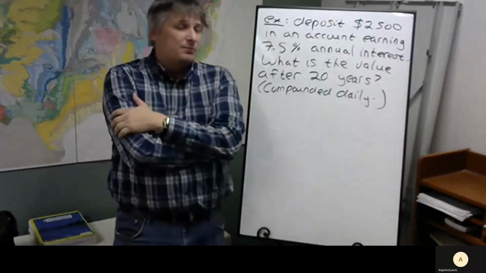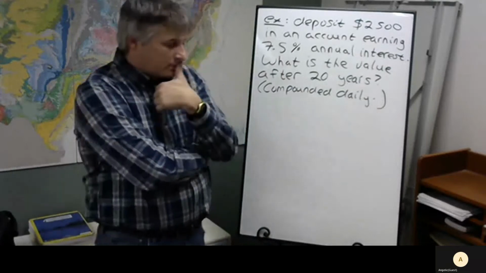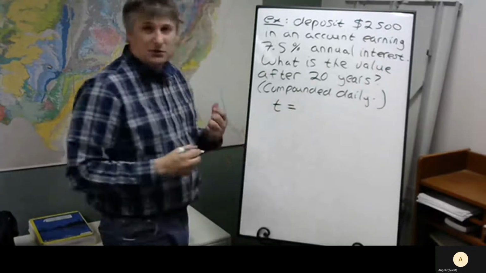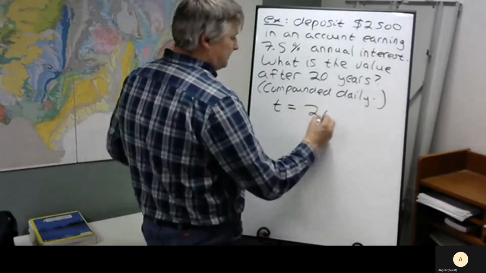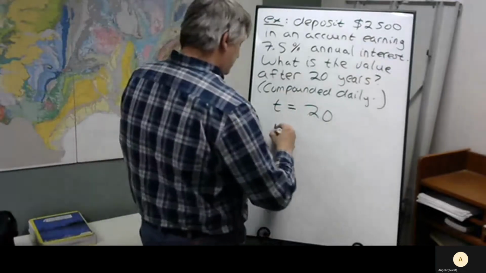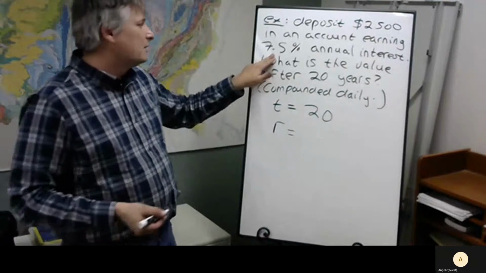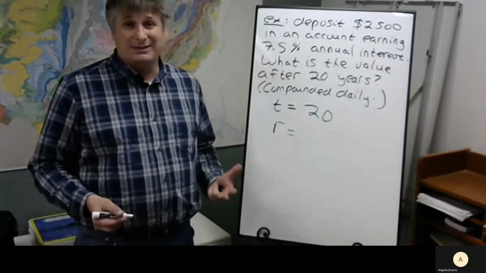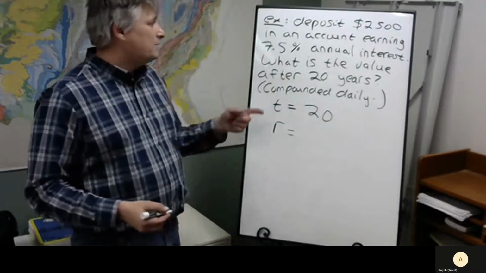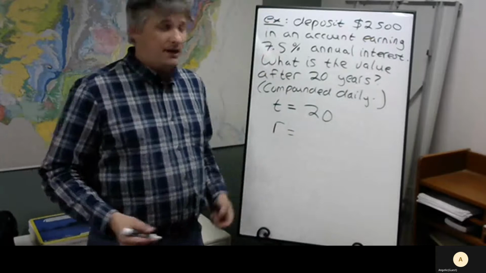So the trick to these problems is you want to identify the different parts of the formula. So first off, T. What is T? Well, T is in years, so T is going to be 20. Next is R. Now R, we want to be careful with R. We're given 7.5%. We want to turn our percent into a decimal. When we're working with this formula, R needs to be a decimal. So the way you do that, you take the percent and move the decimal point 2 spots to the left.